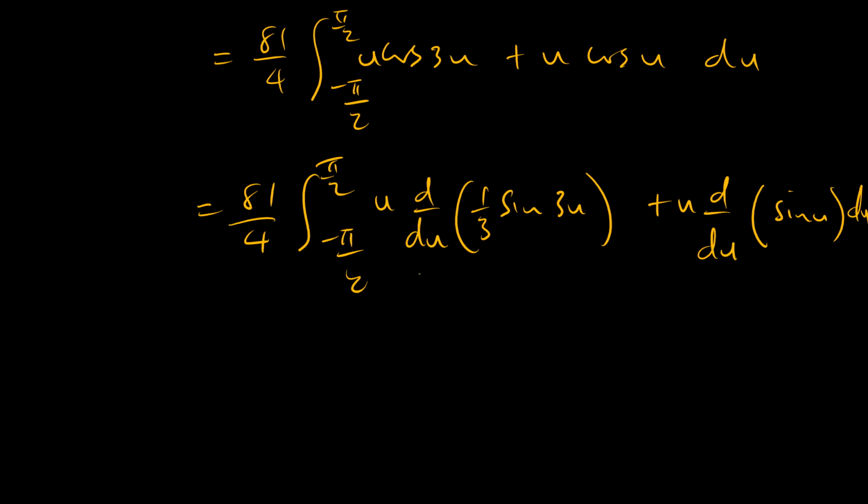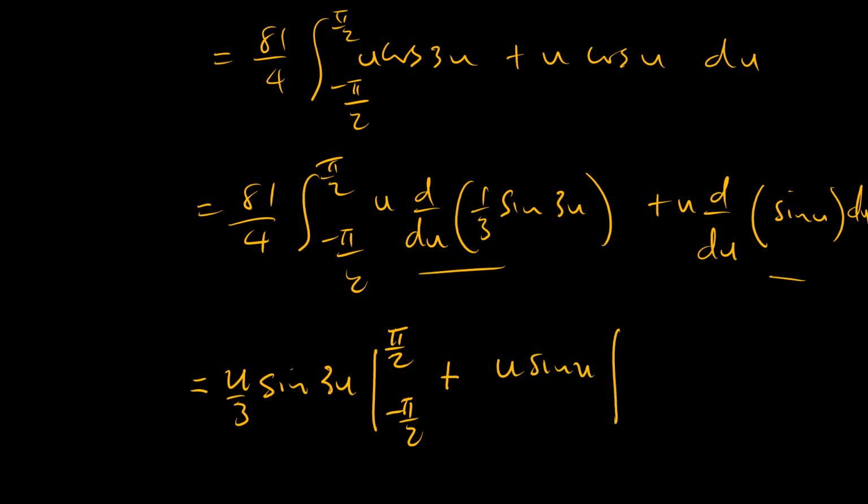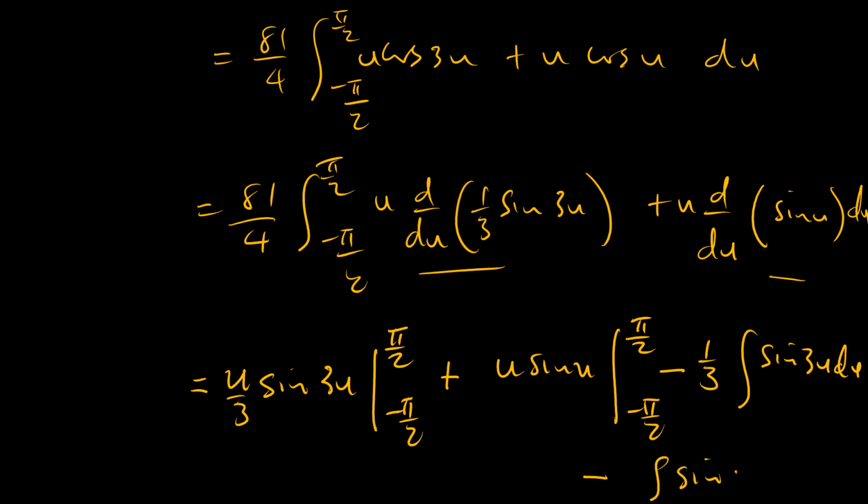So using integration by parts, this becomes u over 3 sine 3u from negative pi over 2 to pi over 2, plus u sine u from negative pi over 2 to pi over 2, minus the integral of a third sine 3u minus sine u du.